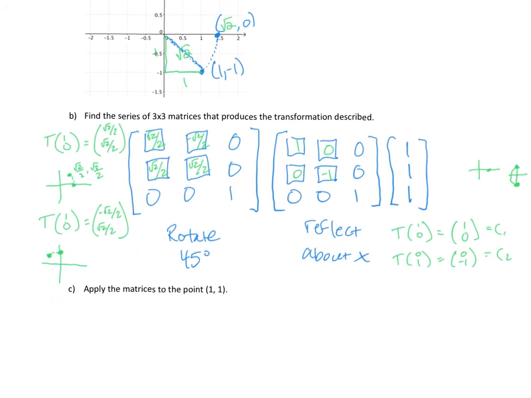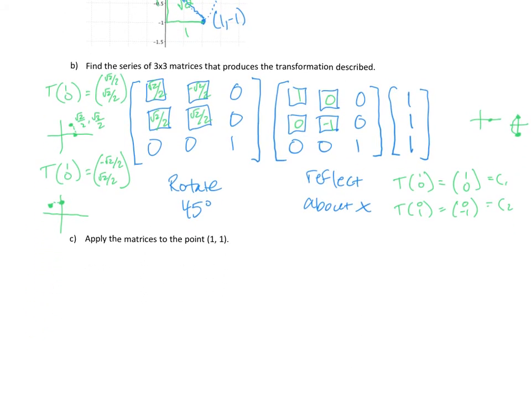Okay, so to apply these matrices to the point 1, 1, you would just multiply. In your calculator, define a 3x3 matrix called A, another one called B, and another one called C. Multiply the 3 together, and you should get 1, 1, 1.